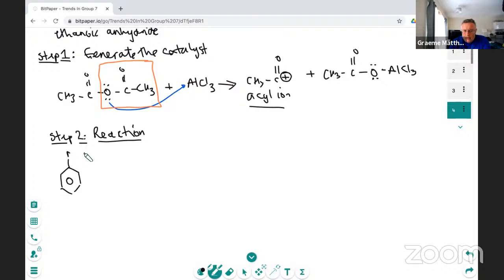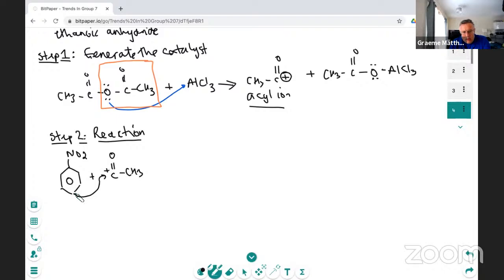I'm going to react it with my acyl ion like this. I'm going to draw it so that I've got the carbon with the positive on it facing in that direction. 1, 2, 3, 4, and so it's going to come from here up to the positive on the carbon.